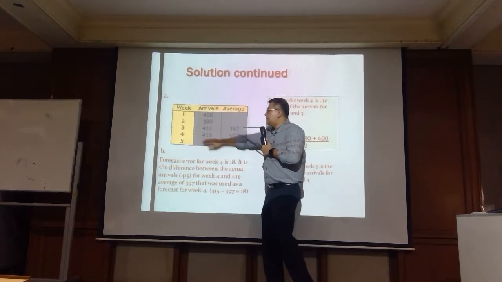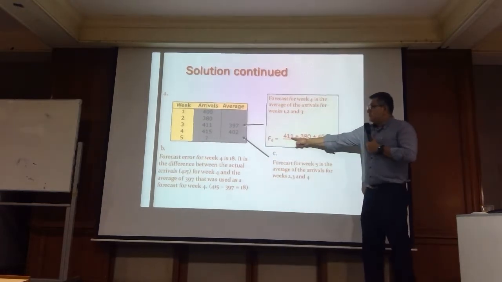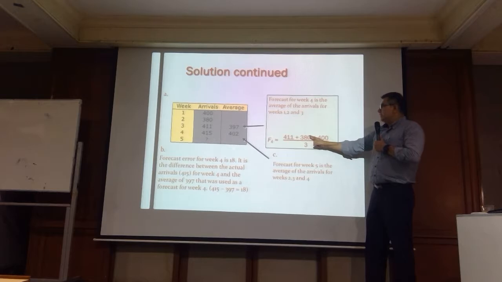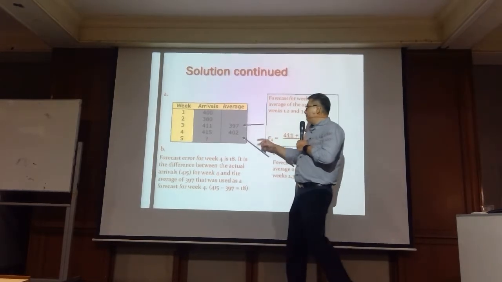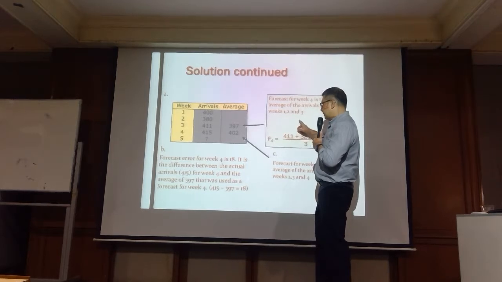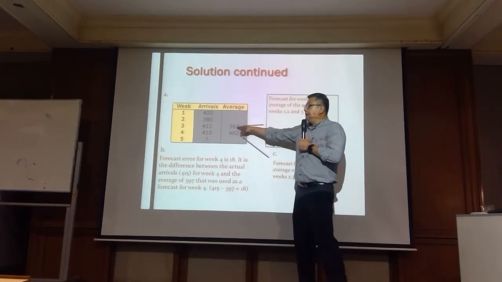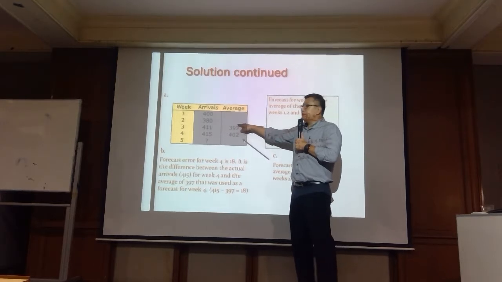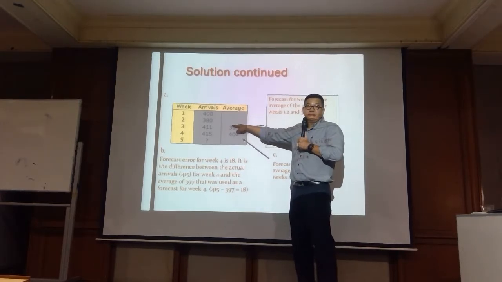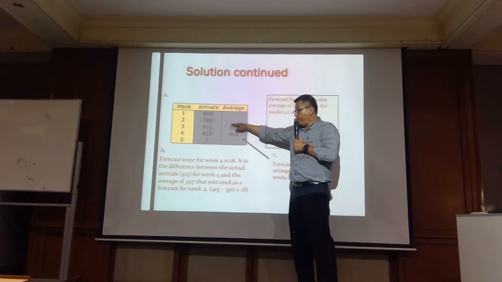Using a 3-week moving average, 411 plus 380 plus 400, all divided by 3, you have 397. This is the forecasting value, the result of the 3-week moving average.